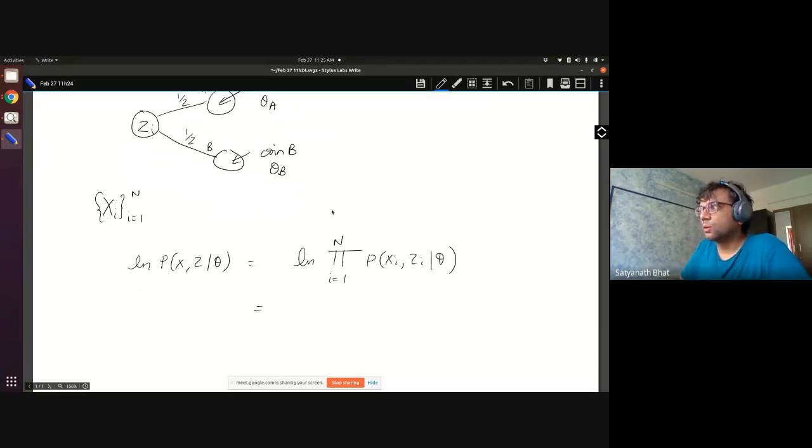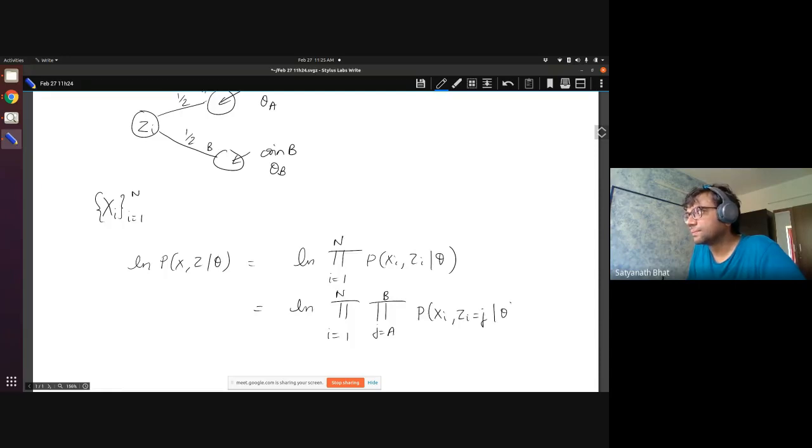Now you will have i equal to 1 to n, and j equal to A or B, so p of xi, zi equal to j given theta. This is true, but we have to have a parameter which is zij. Is that okay? Does everybody follow this?